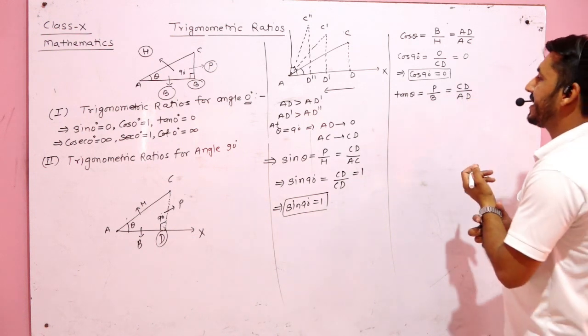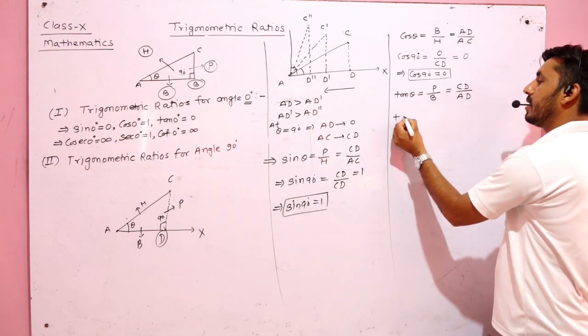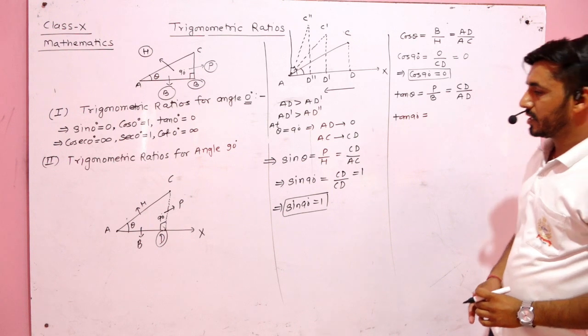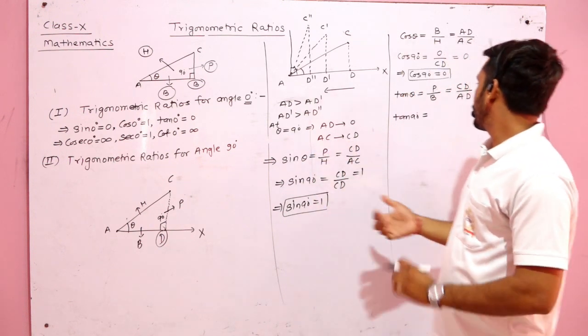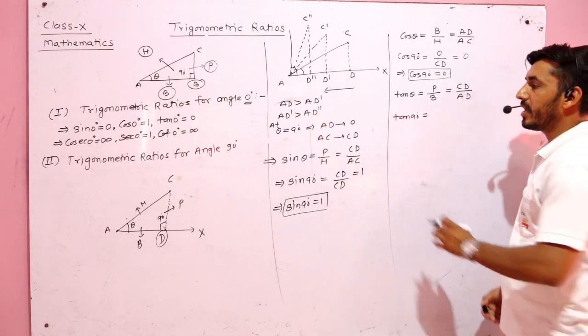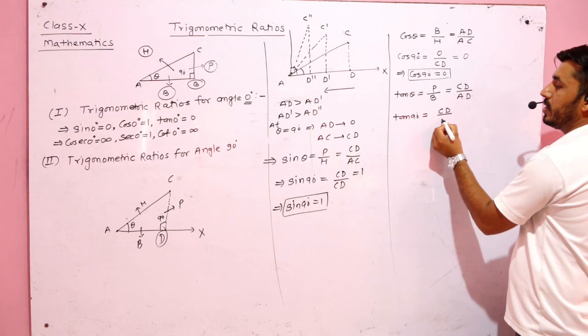If I take the value of theta equal to 90 degree, then tan 90 degree is equal to CD upon AD. What is the value of AD? AD is moving towards 0. Then CD upon 0.